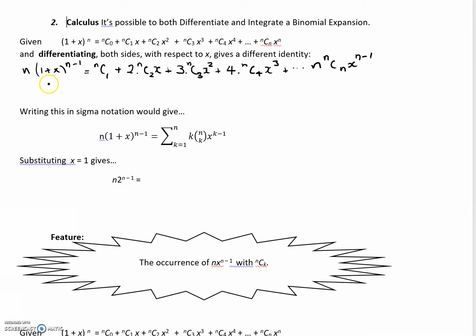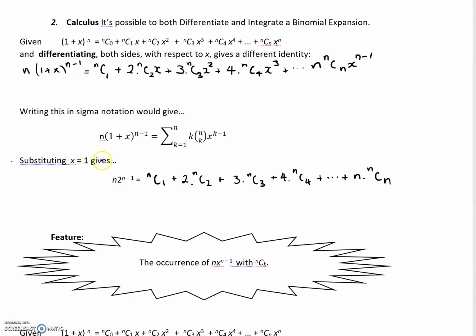The binomial and its expansion were differentiated, and then a substitution was made. Now, this is certainly going to produce yet again another identity. I'll just pause the video again and complete that and then talk about it.